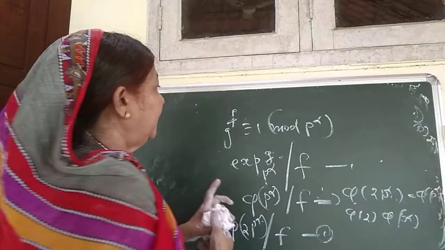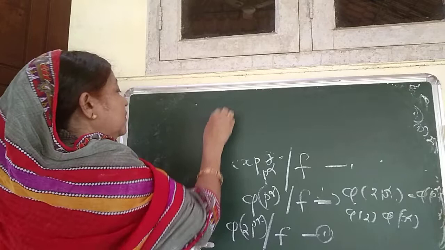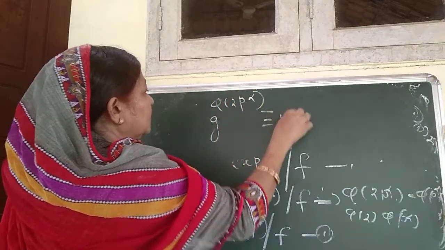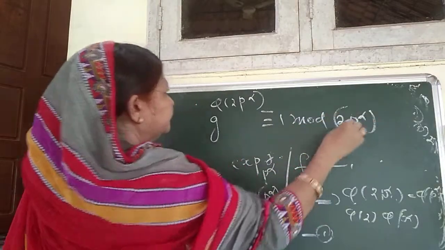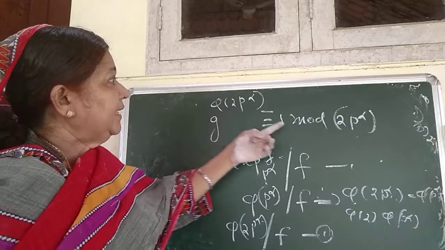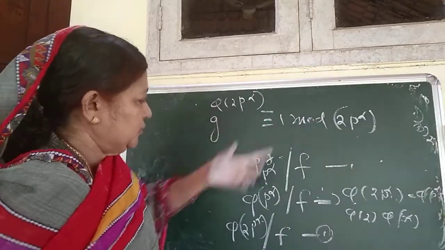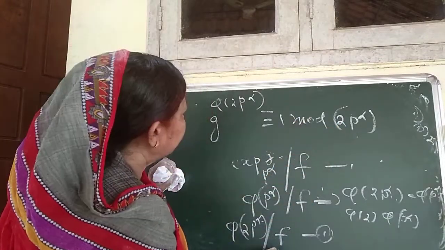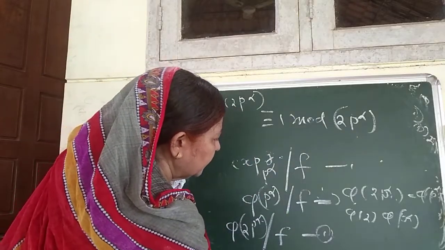Again, we can apply Euler-Fermat's theorem. That is, g raised to phi of 2 into p raised to alpha is congruent to 1 mod 2 p raised to alpha. The exponent of g for 2 p raised to alpha is f. f divides this phi of 2 p raised to alpha.